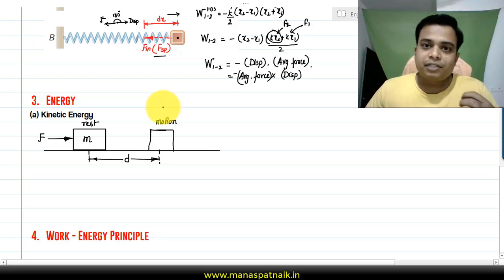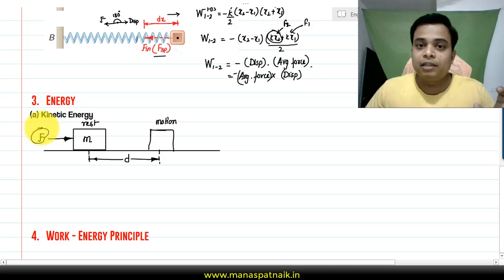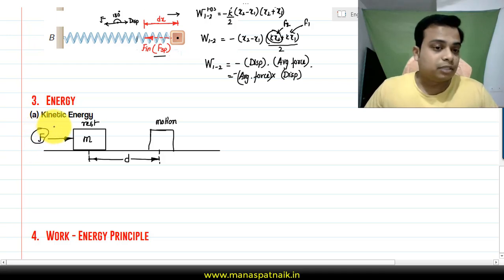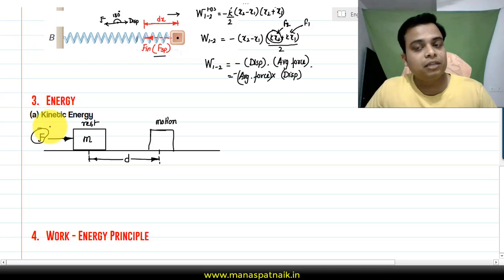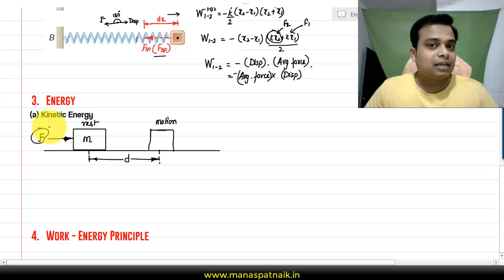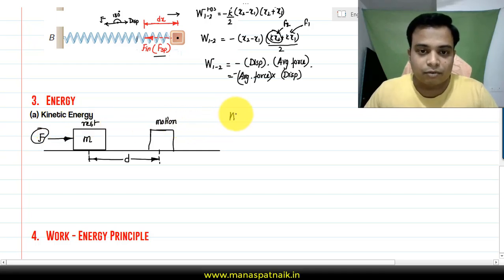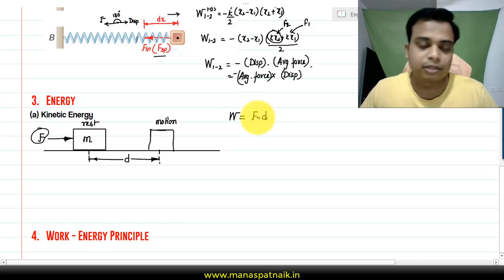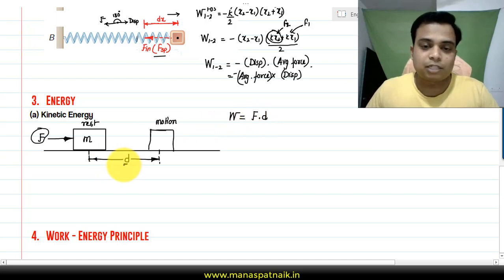Okay, so what we're interested in is the energy transferred by this force, and you know very well that the energy transferred is the work done. So if you can somehow get the value of work done, that in fact reflects the energy. Now you know very well from the definition of work that W is equal to force multiplied by the distance traveled, or the displacement, and here it has been represented by small d.